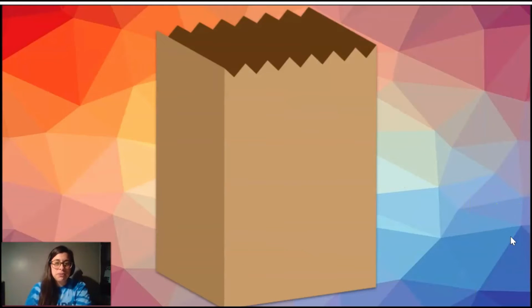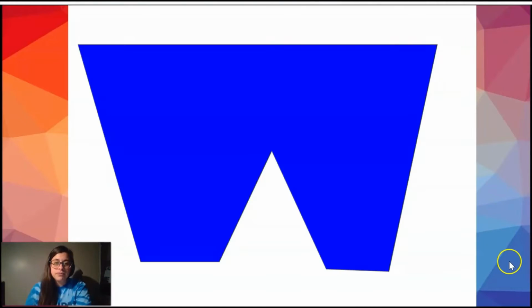Let's try this shape. Your teacher's going to pause the video and talk about this shape. This is a tricky shape. However, there are no curves on this shape. There are a lot of pointy parts of this shape, but there are no curves.